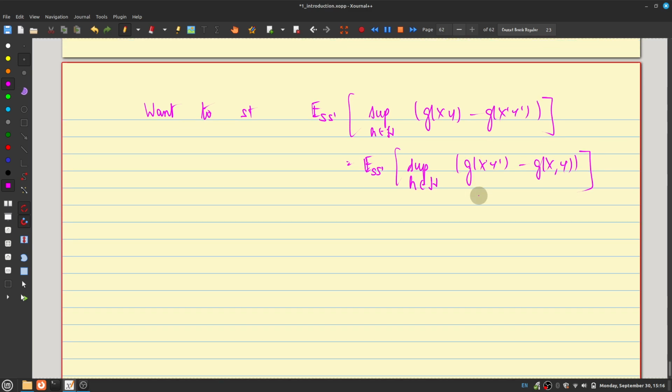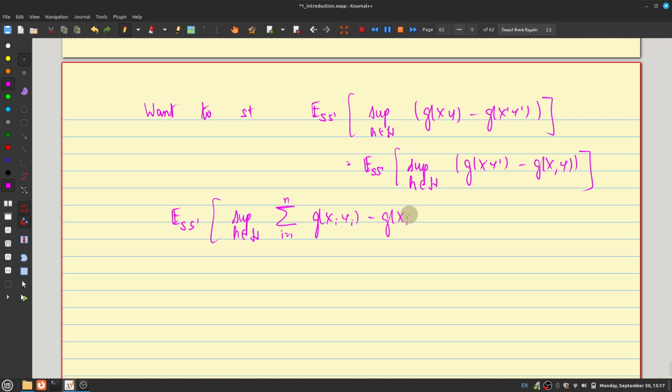Why? Because again, you have the expected value over S prime of the supremum over h in H. Let's assume that some of them are positive and some of them are negative. So firstly, let's take the summation i equal to 1 to n of g of xi yi minus g of xi prime yi prime.